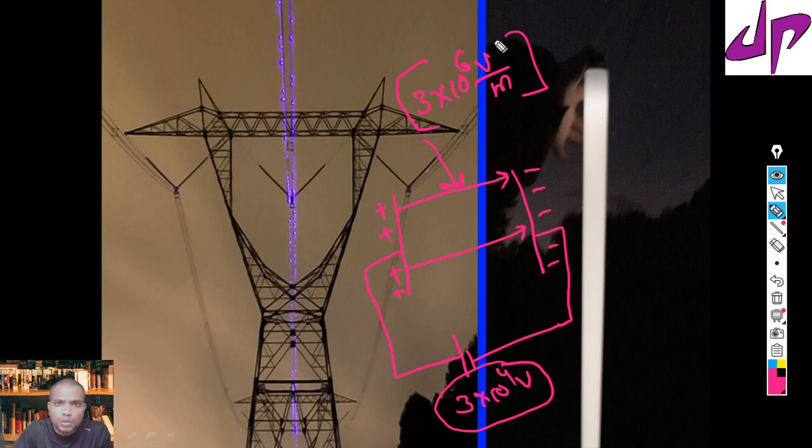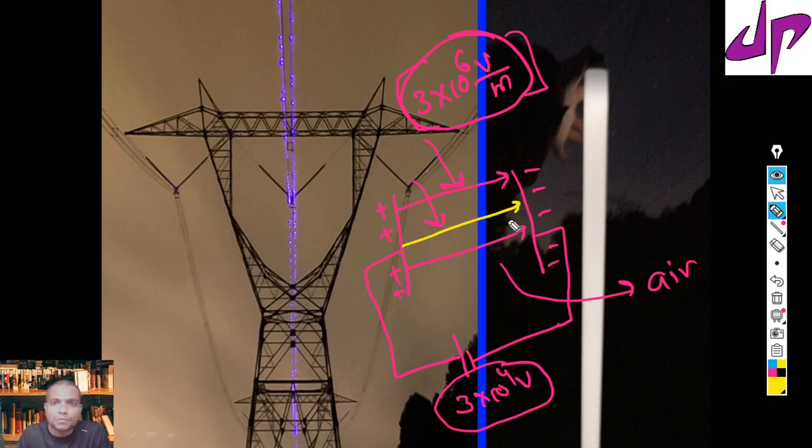Now this is a huge amount, and this much cannot be held by the medium which is present between the capacitor plates. Between the plates nothing is there, which means air is the medium. If this is the potential difference we applied between the two plates, the electric field present between them is 3 times 10 power 6 volt per meter.